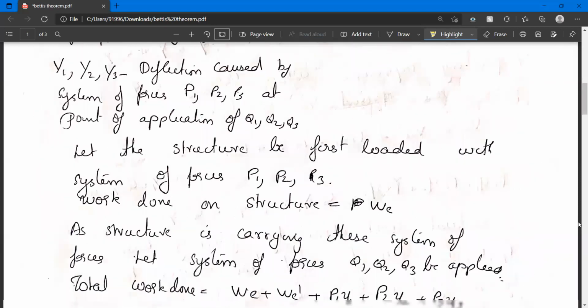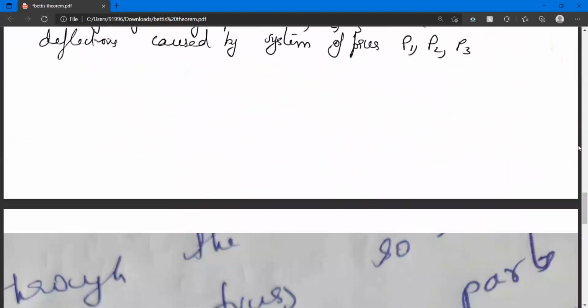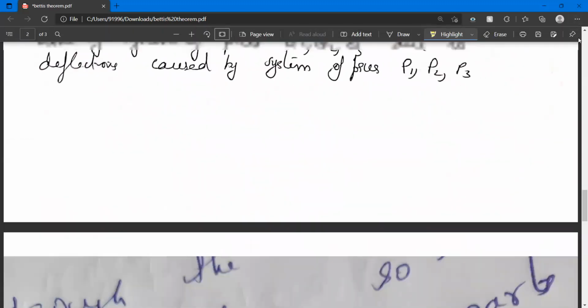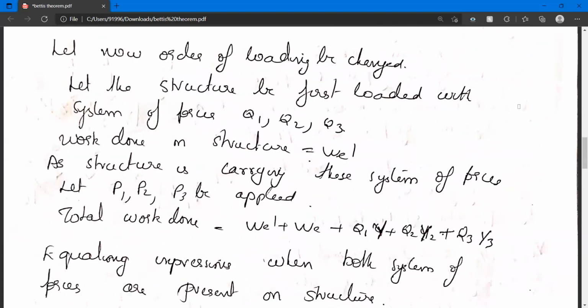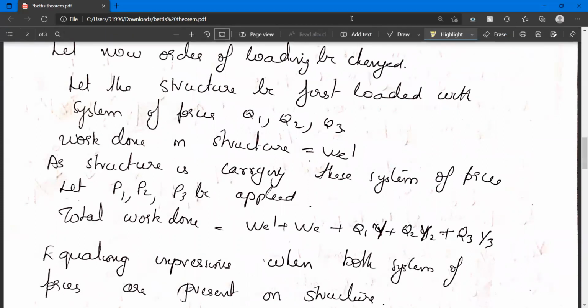So when the order of loading is changed, our work done becomes WE dash plus WE plus Q1 capital Y1 plus Q2 capital Y2 plus Q3 capital Y3.